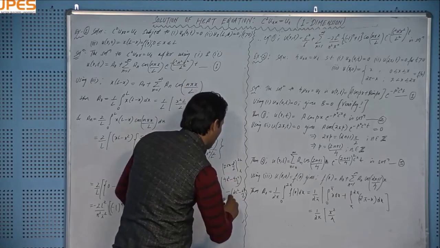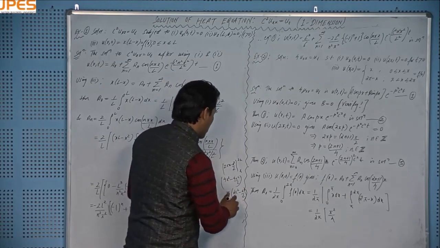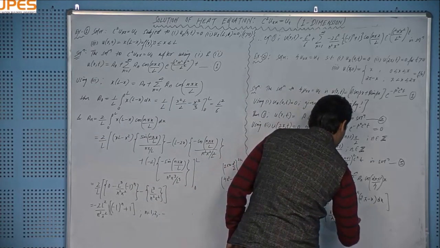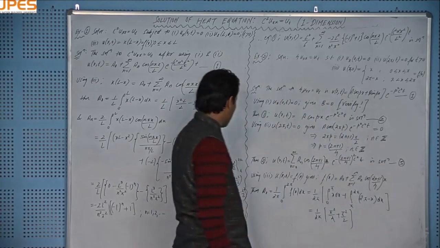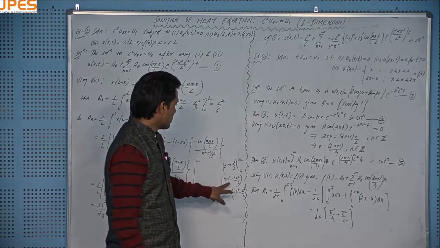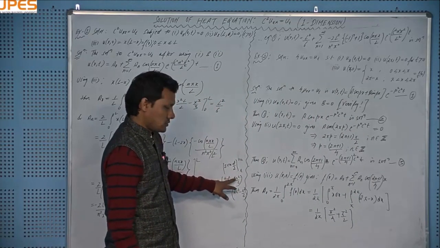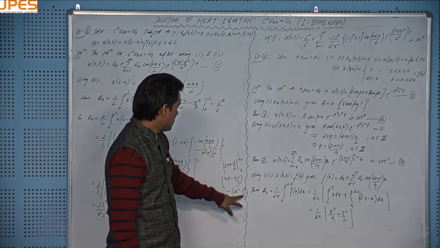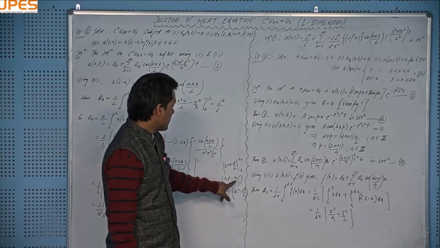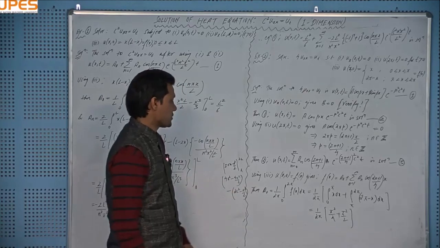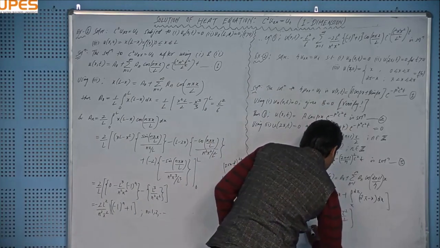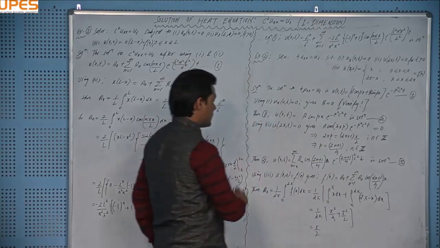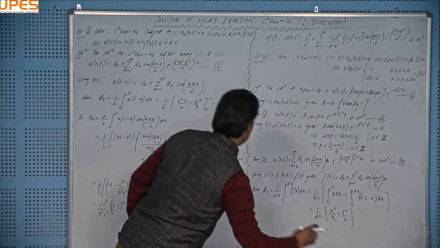The 2 pi square cancels, leaving pi square by 2 plus pi square by 2, if I am not wrong. So ultimately that will become pi by 2, I think. This will be a naught.